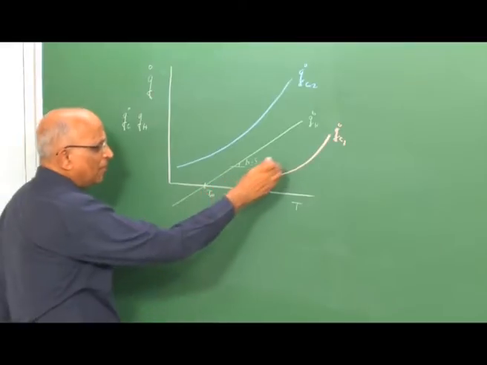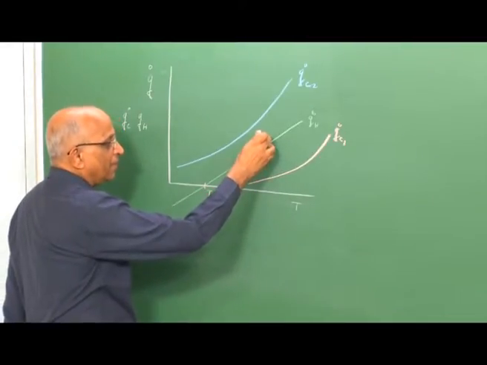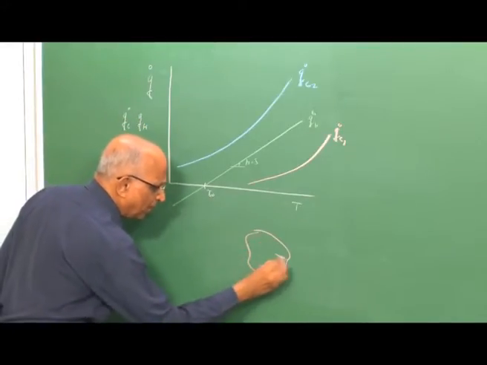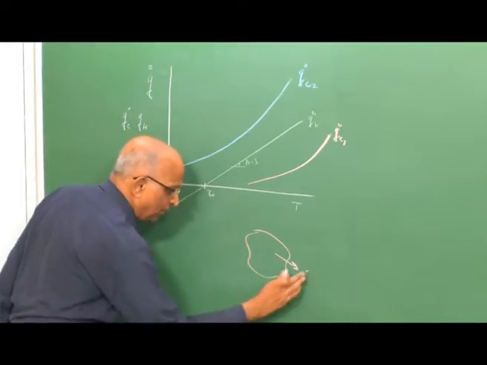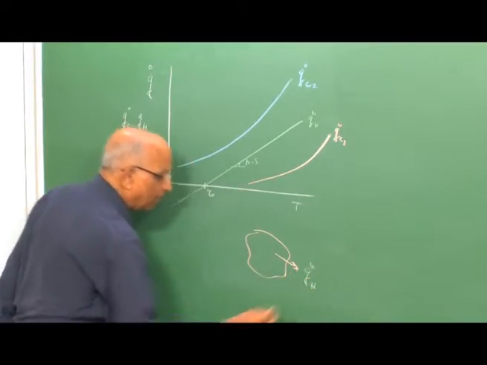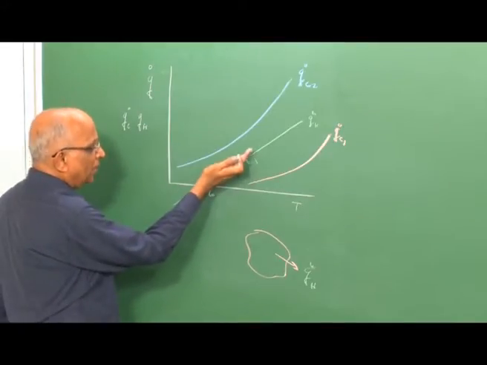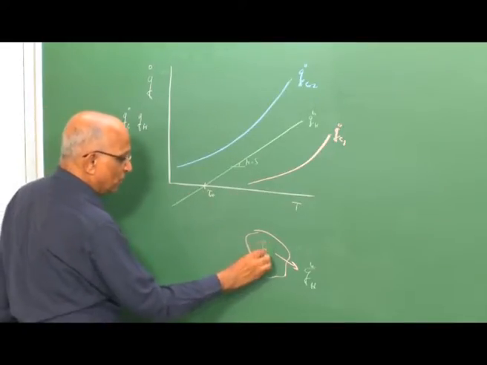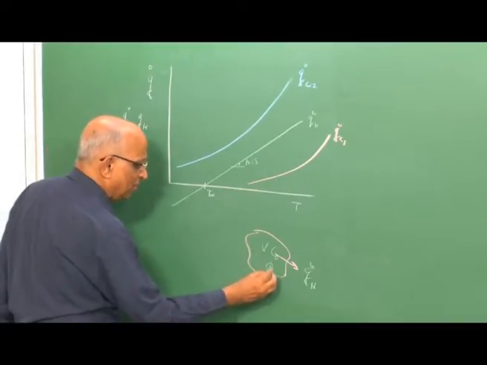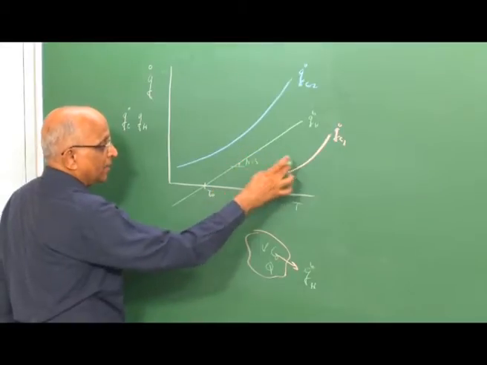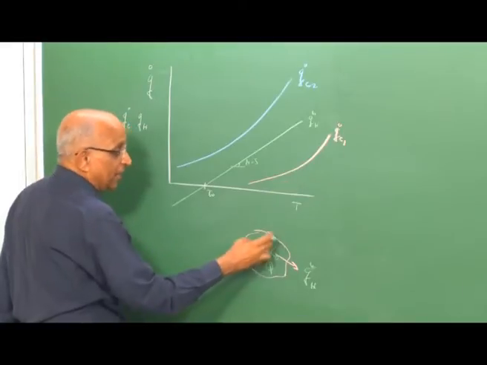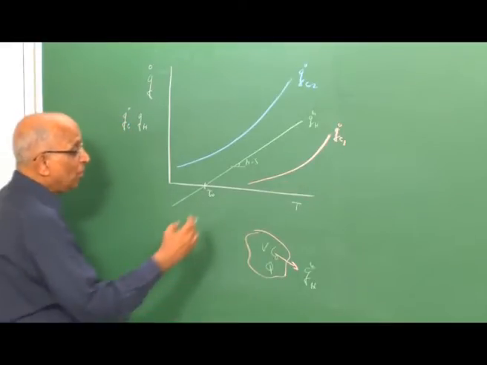What does it mean if the heat release is here and my heat transfer is over here? As we said, this is the volume, and heat is getting transferred out. We said the heat transfer is equal to Q dot H over here. And what do we find? The heat loss from this particular volume V, with concentration, let us say, C naught, and exothermicity Q, is higher than the energy release due to the chemical reactions which are taking place. And therefore, what is going to happen?